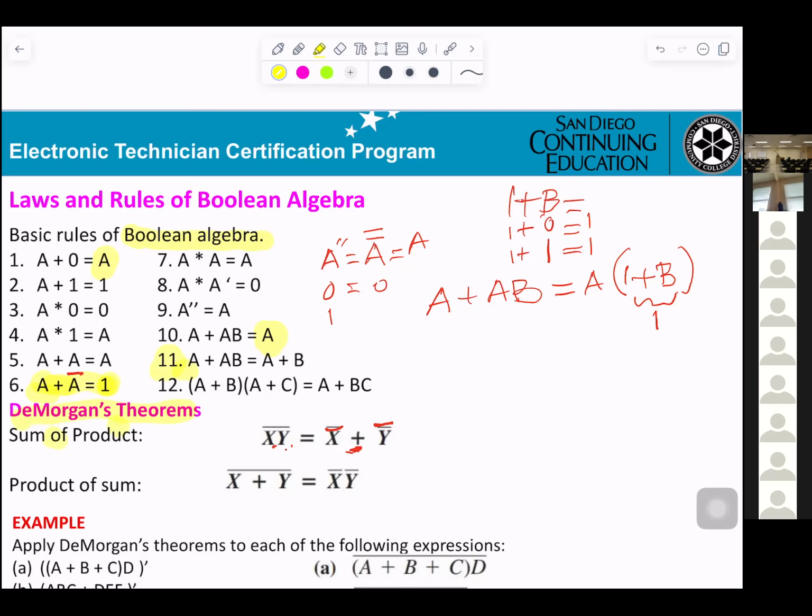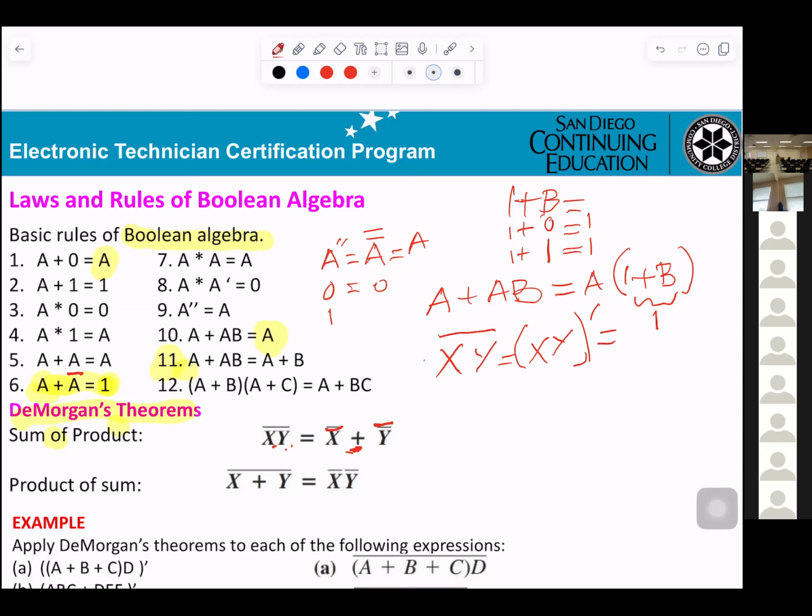Sum of product. That means you get X times Y, not. When you get a bar over, that's a not. Or sometimes we write it as X times Y with a bar. This is the same thing.